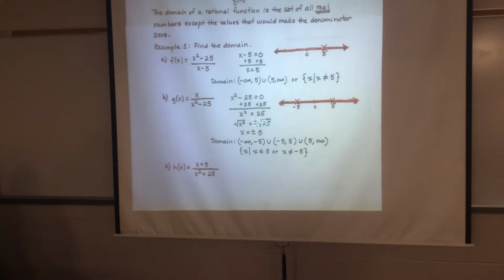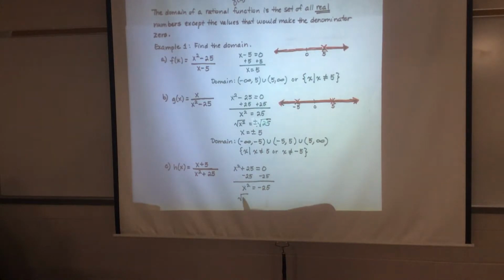And here I want to find the domain of that rational function. Well, I take my denominator of x squared plus 25, set that equal to 0, and solve for x. So, to get x squared by itself, I need to subtract 25. So here you get x squared is equal to negative 25.